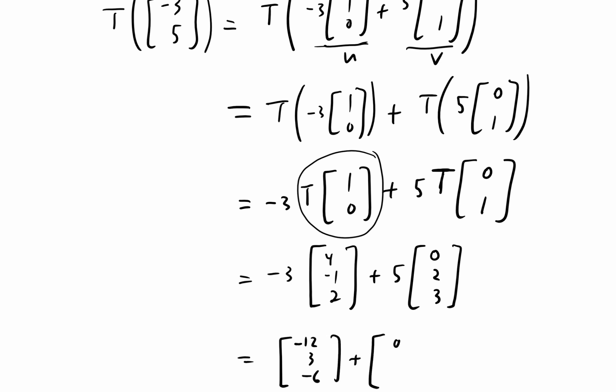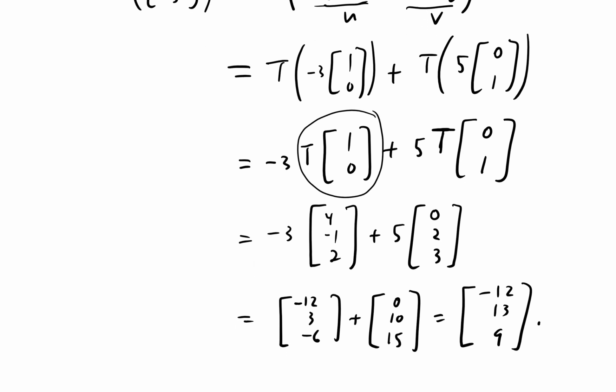Multiply the 5 in: (0, 10, 15). And if you add the two vectors, you get (-12, 13, 9). So do you see what happened? If you know what T does to the (1, 0) and (0, 1) vectors, then you can find out what T does to any vector. That's what I started with, answering what we need those for.